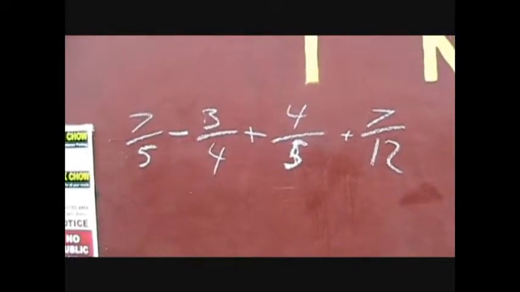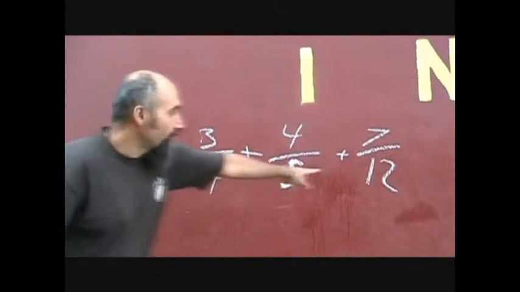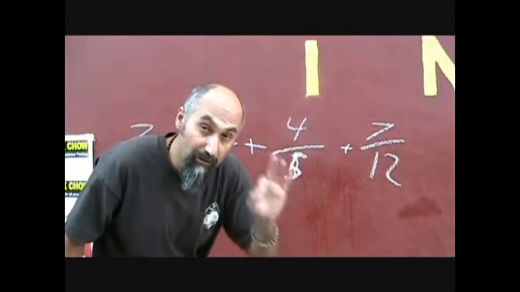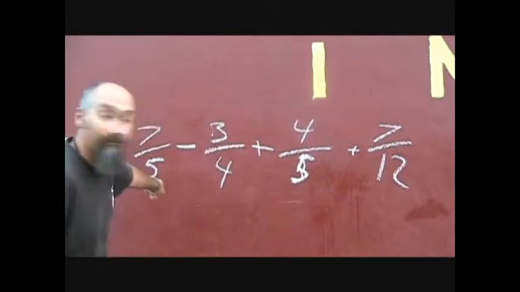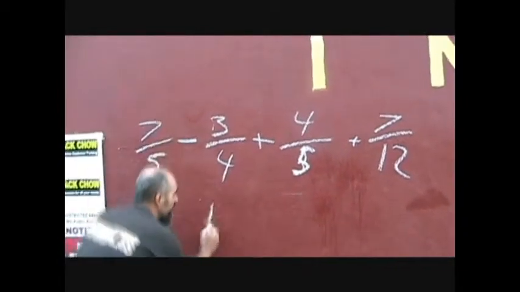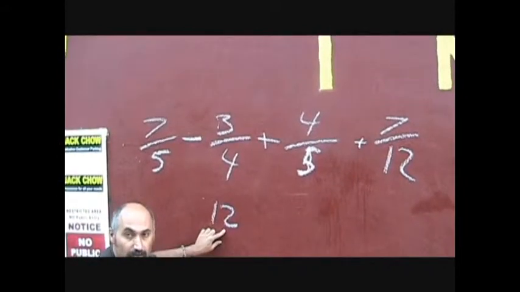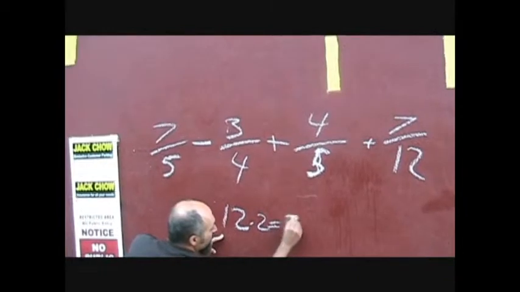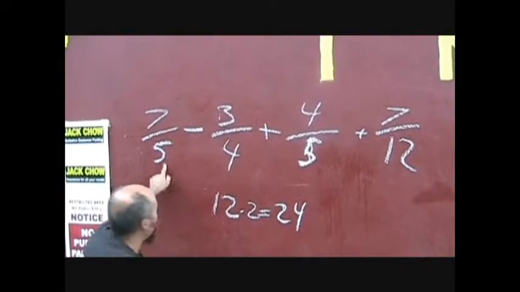Okay? So right now the biggest number you have is 12. So you're going to try to find the smallest number that 5, 4, and 12 go into. Obviously 5 doesn't go into 12. So you're going to multiply 12 by 2, you get 24. Does 5 go into 24?